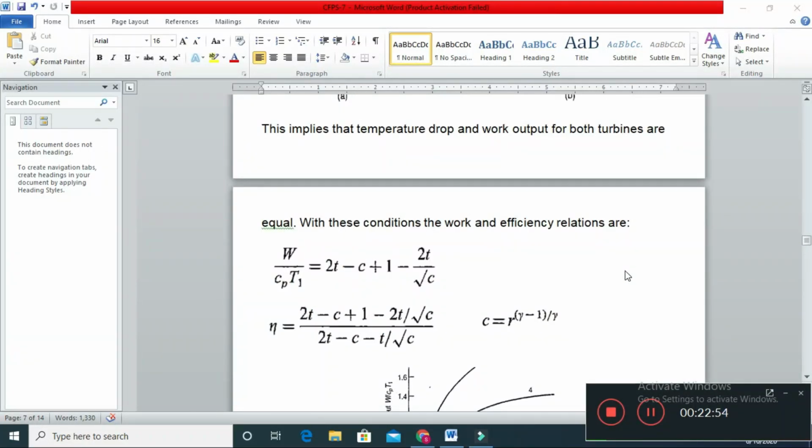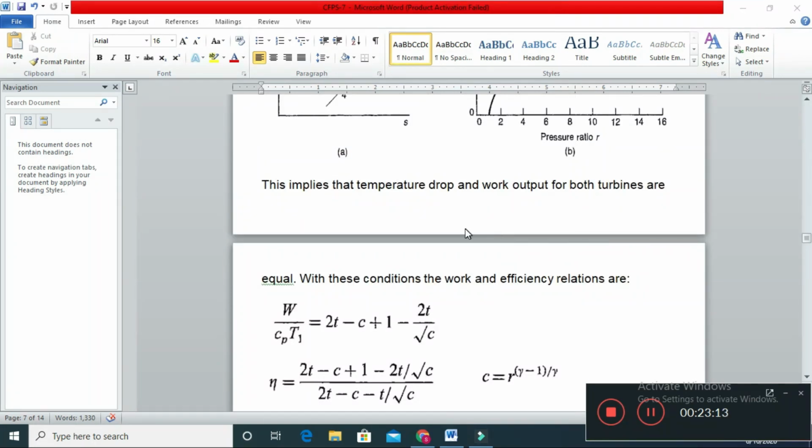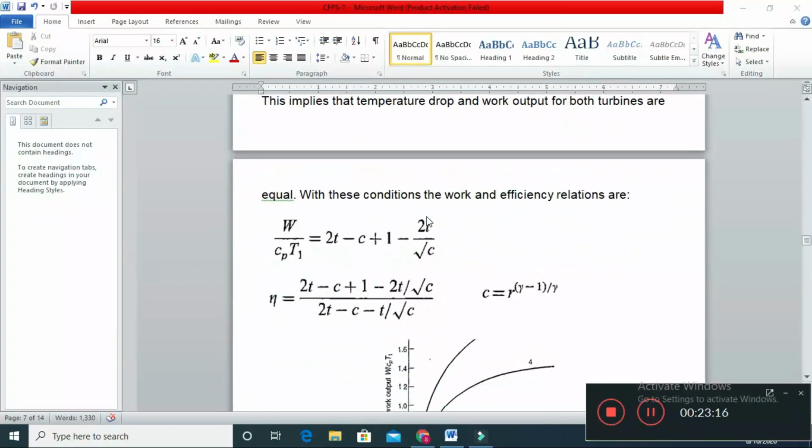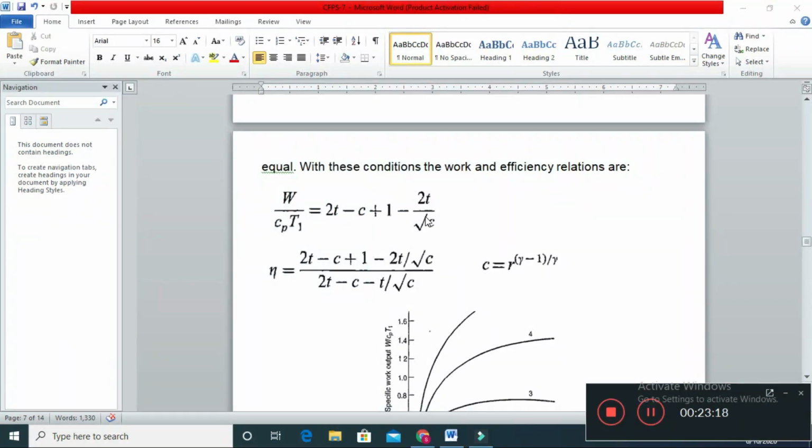We can write the basic relations for efficiency. In the efficiency formula, we have the two turbine works subtracted by the compressor work, and in the denominator we have heat supplied in two portions: heat supplied during the main combustion process and then further heat supplied during the reheat process.